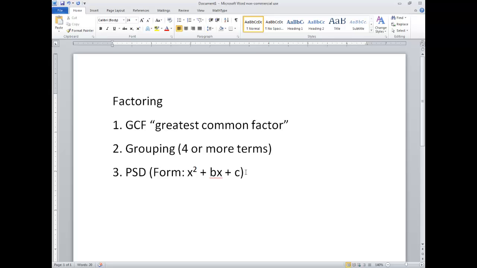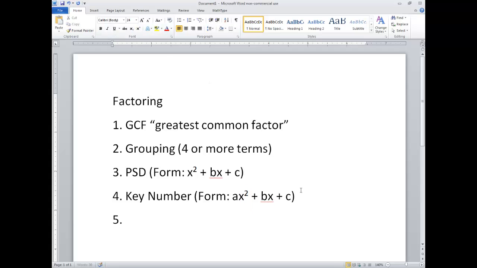Our fourth method was key number, and that's when you've got the form ax squared plus bx plus c. Both of these are 3 terms, and we have x squared, x, no x. The key number is when you have a number in front of your x squared.